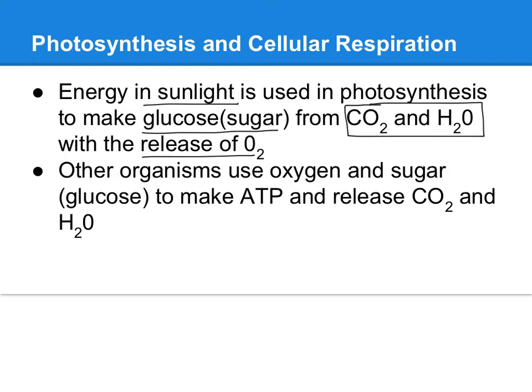We, on the other hand, since we can't do photosynthesis, do basically the opposite. We take that sugar and oxygen that the plants produced, so we eat the plants or another organism and use the oxygen that the plants let off to make our form of energy, which we're going to call ATP, and release carbon dioxide and water.